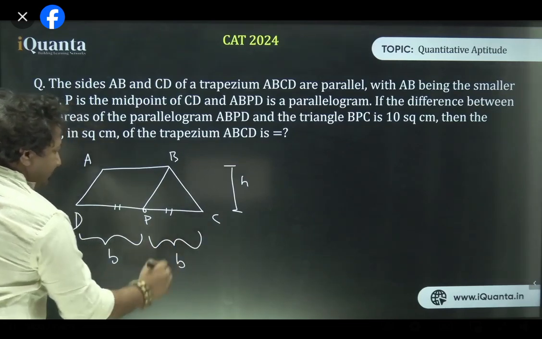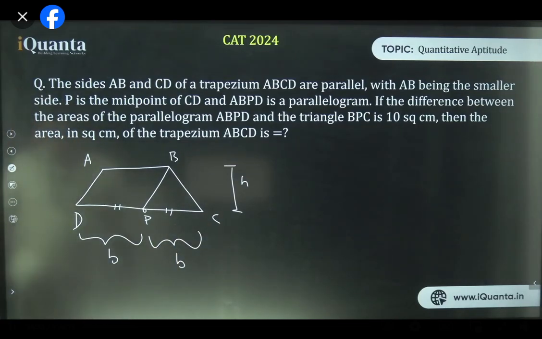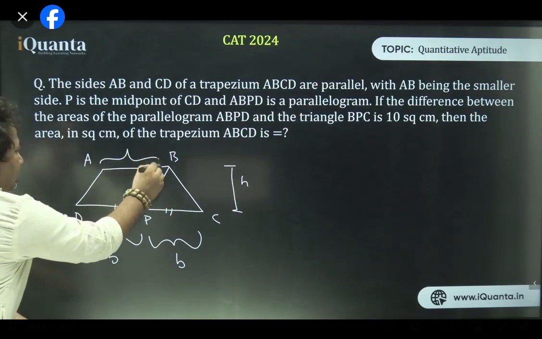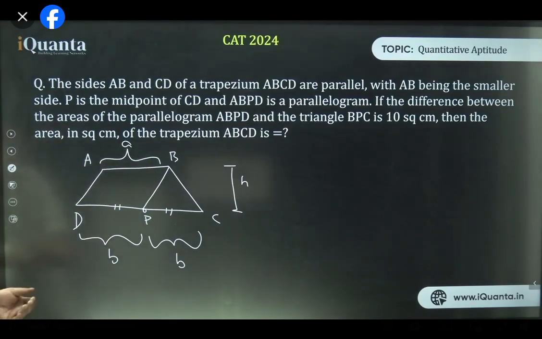We can do that, right? And let this value be a. Okay, so what is the area of a trapezium or a parallelogram? And also, because it is a parallelogram, AB and PD will be equal. That also means I can replace b with a, yes or no? These two will be a. Life is simple. The question is easy. As simple as that.